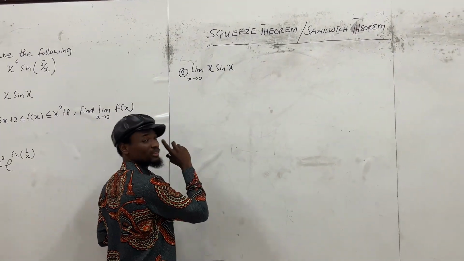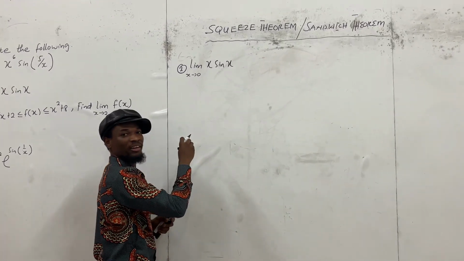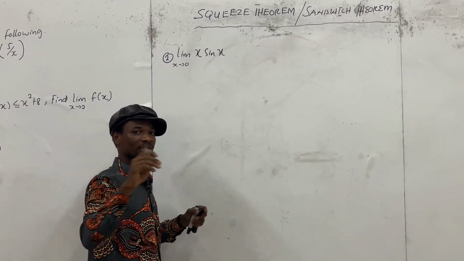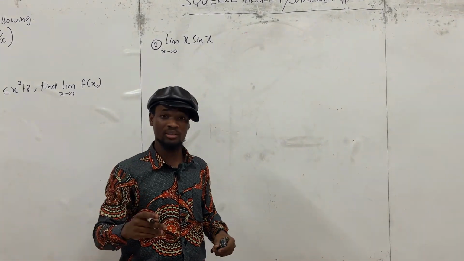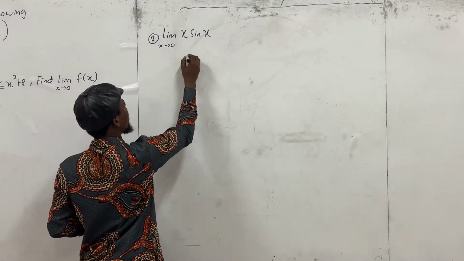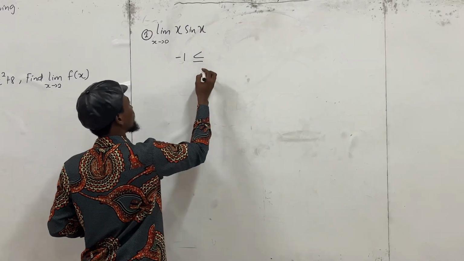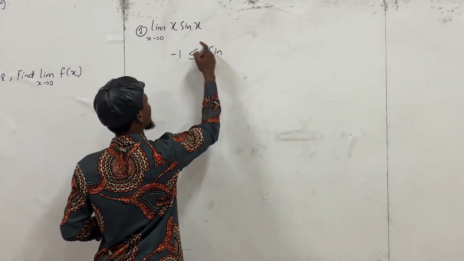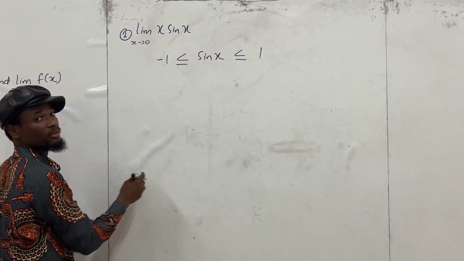We already know that the values of the sine function are the set of real values between -1 and +1. So we have -1 less than or equal to sine x less than or equal to +1.